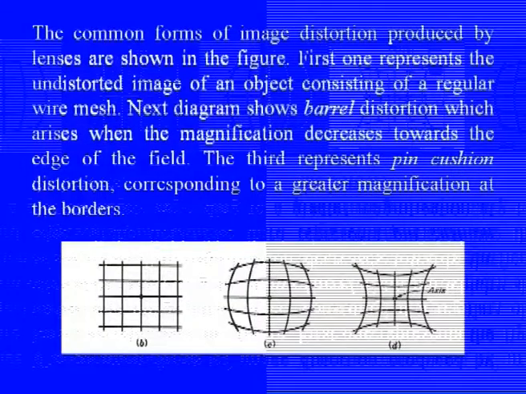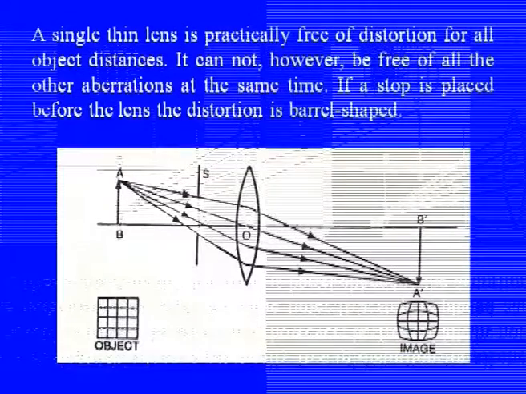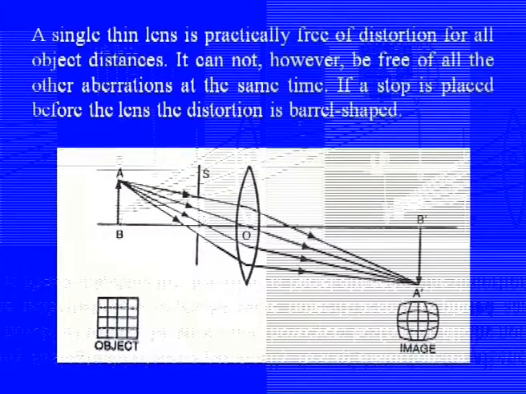It is more near the center of the field. And the third figure represents a pincushion distortion corresponding to a greater magnification at the borders, so it looks like a stretched configuration. A single thin lens is practically free of distortion for all object distances.